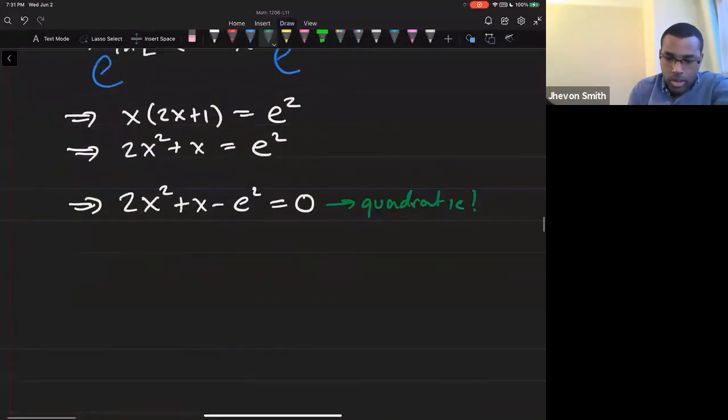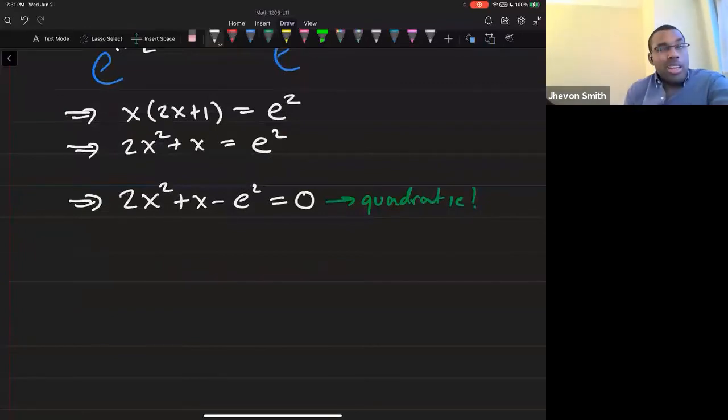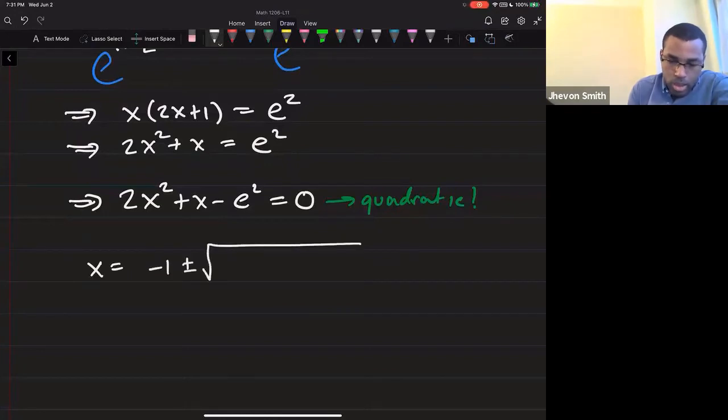It's funny how those guys sneak up on you. It's not the kind that you'd know how to factor though, because e squared is a very weird number, but we have something called the quadratic formula. So it's minus b plus or minus the square root of b squared minus 4 times a times c, all over 2a.